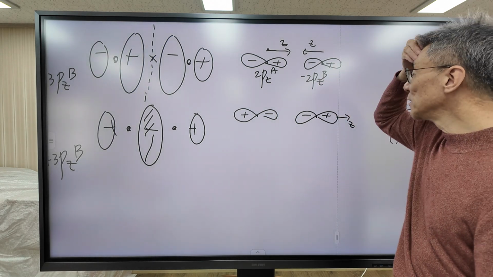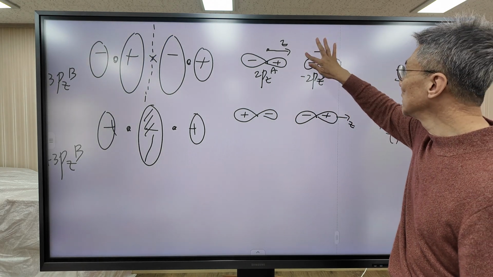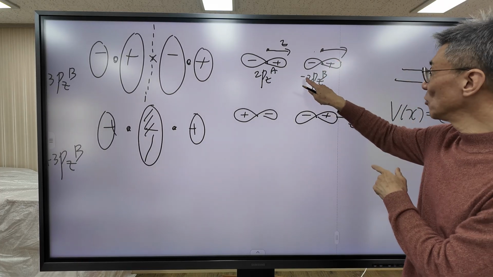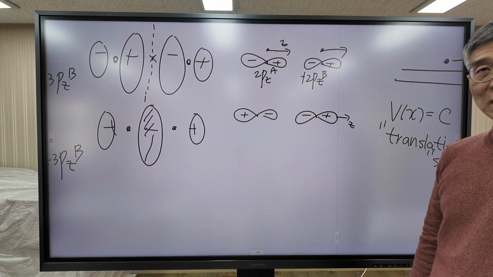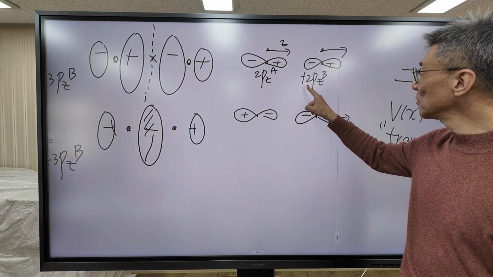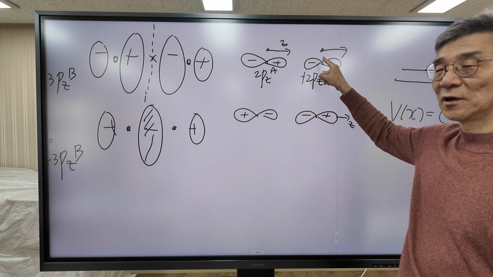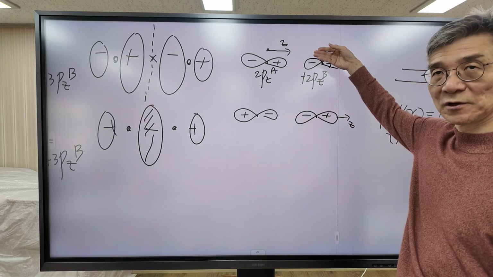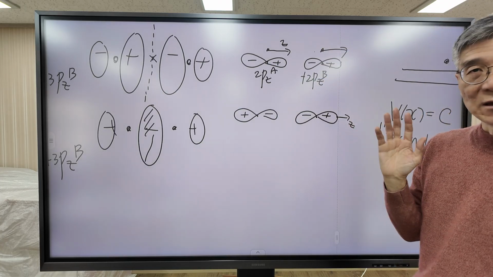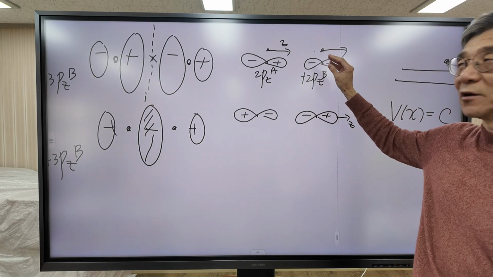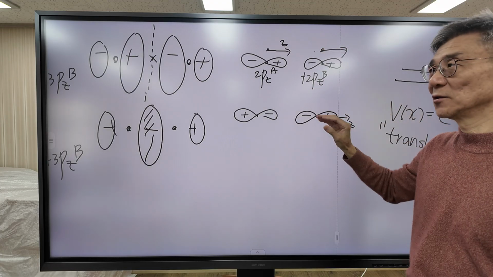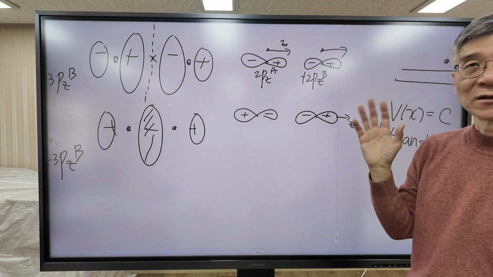But if I define the g-axis on the right side like this, then the orbital is plus 2pgB. So the sign depends on which axis you choose. So the sign does not matter.